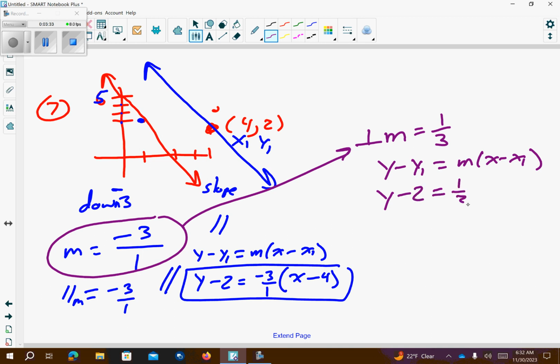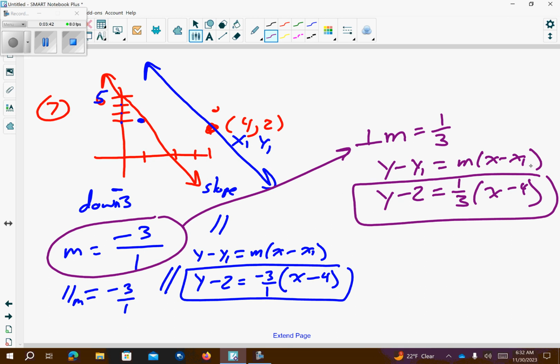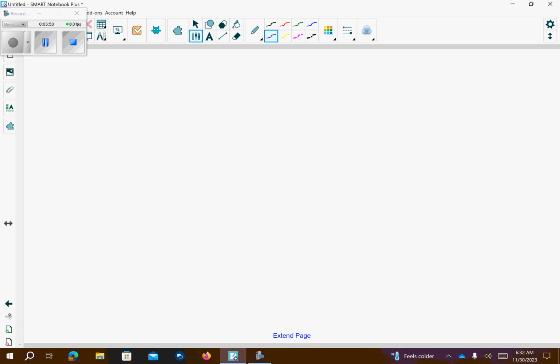My slope is 1/3. My x value is +4, so it's -4 here. So this is our perpendicular, meaning it's basically going to look like this if I had graphed it. And I know it doesn't ask you to graph it. I'm just trying to show you the representation.